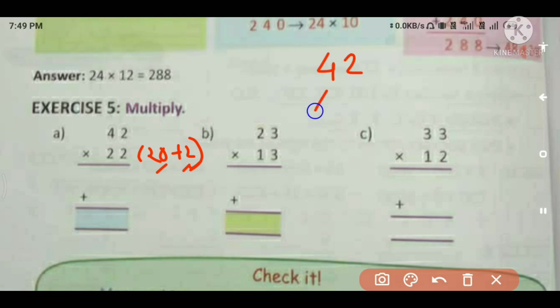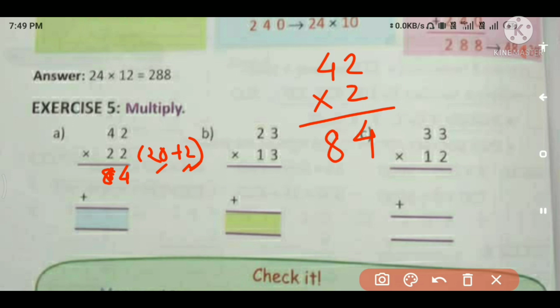So for 42 with 2, 2 2s are 4, 2 4s are 8. So what we got? 84, right?